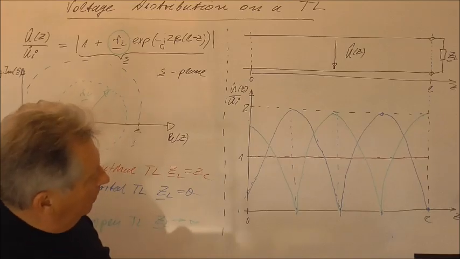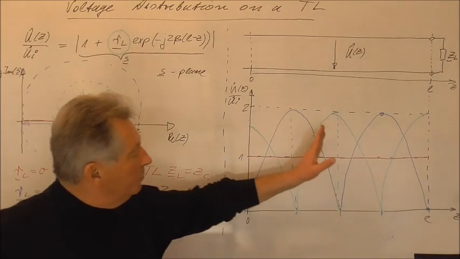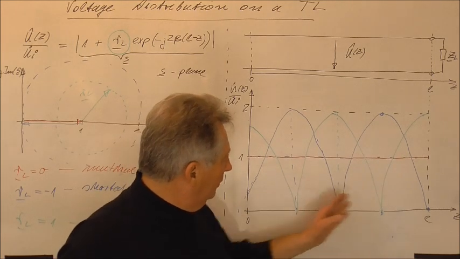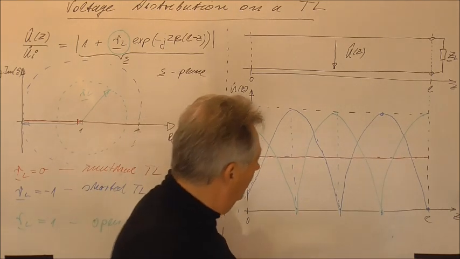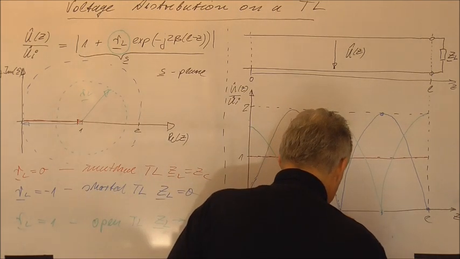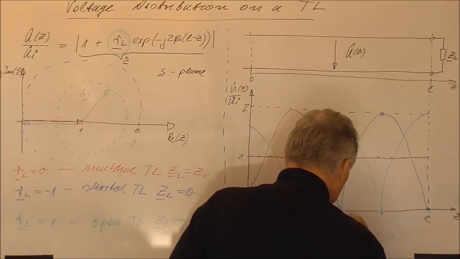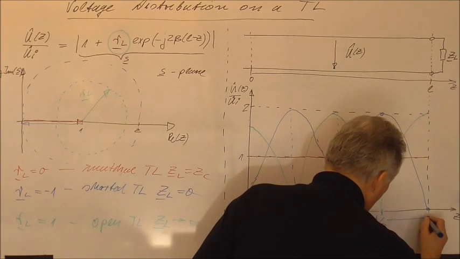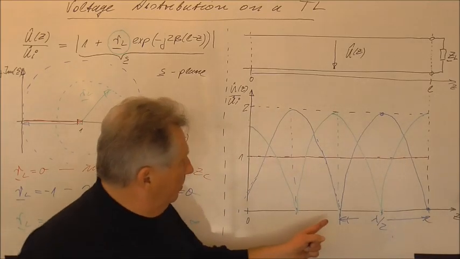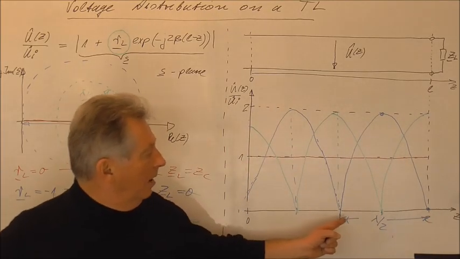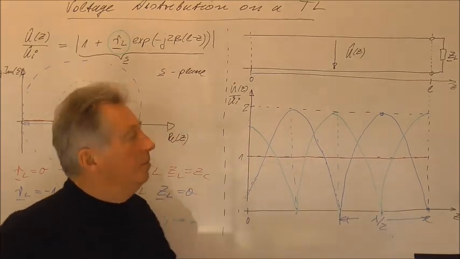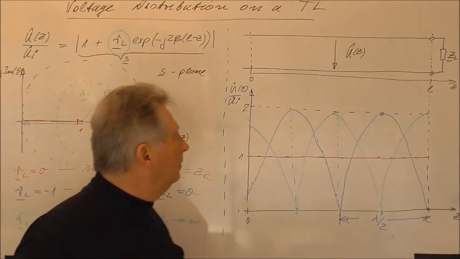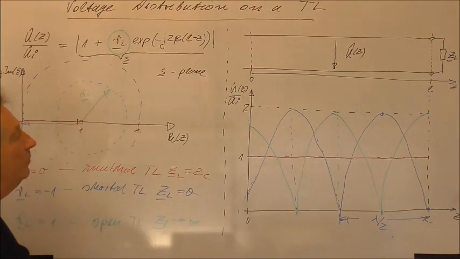But another very important point is, as soon as you have a short circuit transmission line or an open circuit transmission line, you can measure the wavelength on the transmission line as the distance between 2 minima, because the minima are very sharp, so you can measure this to get the wavelength on a transmission line.